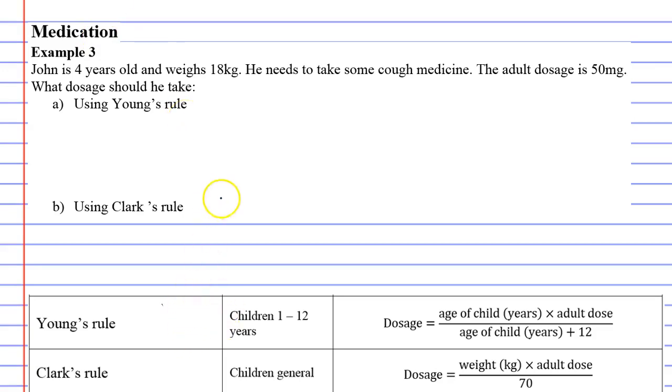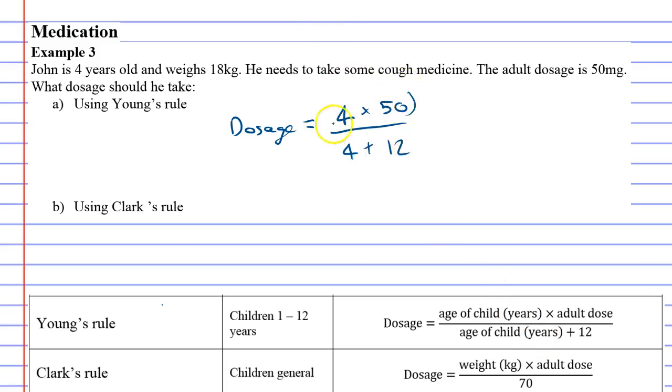If we start with Young's rule, it says that the dosage equals age of child in years, so he's 4 years old, times the adult dosage, which is 50 milligrams, over the age of child in years, so over 4, plus 12.